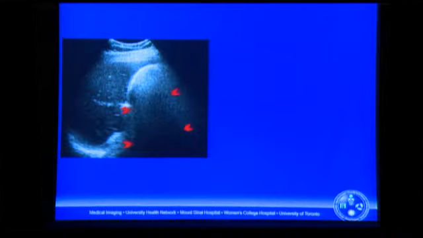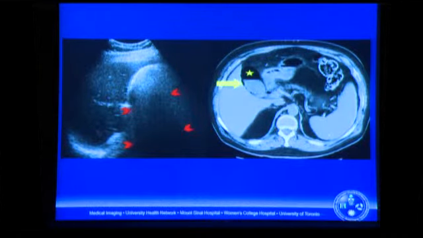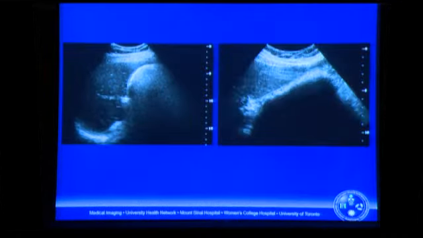Now, it's a difficult diagnosis to make with ultrasound, so we have a very low threshold for CT scan to confirm the diagnosis, and this is a non-enhanced CT done shortly after the ultrasound, which shows gas not only in the gallbladder lumen, but also in the gallbladder wall.